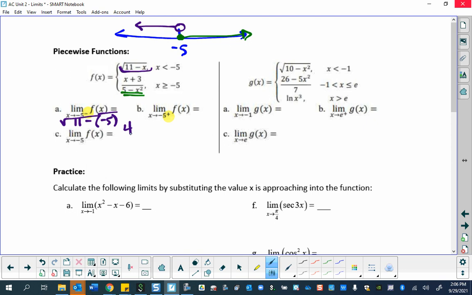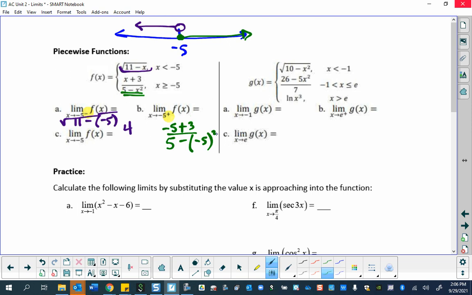The limit as x approaches negative 5 from the positive is going to be when I put negative 5 into this rule now. So I have negative 5 plus 3 over 5 minus negative 5 squared. In algebra, we always tell the kids to plug with a hug.